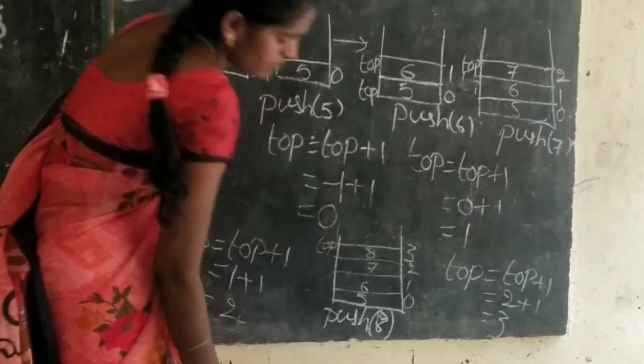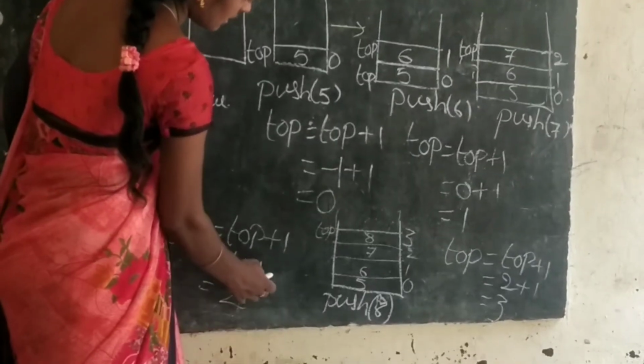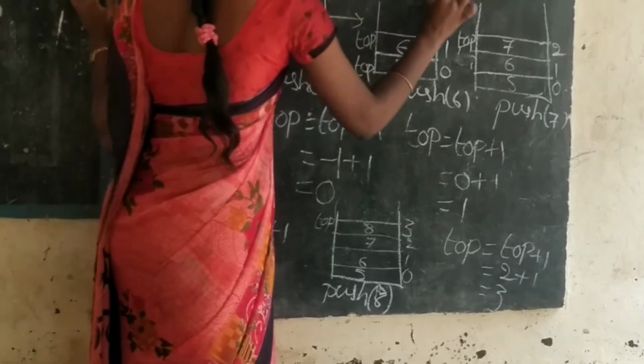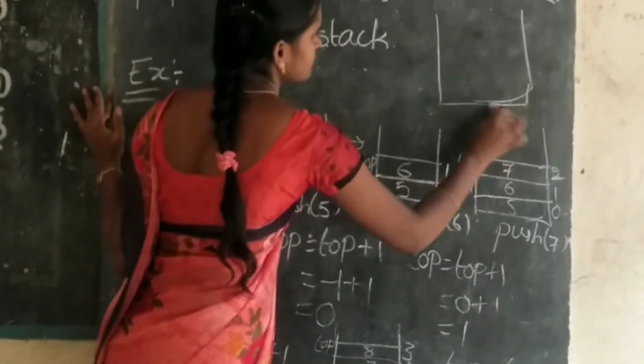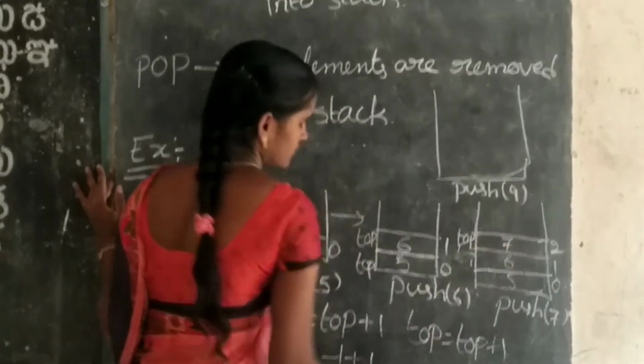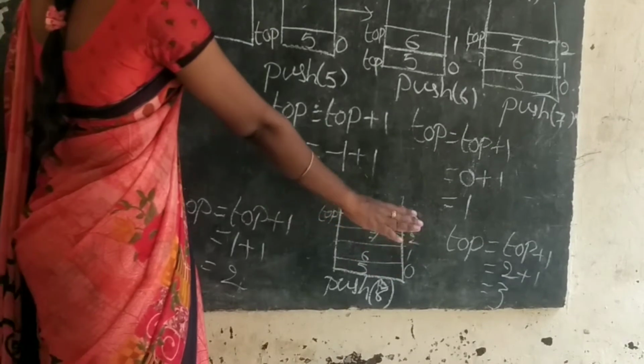It is the same up to the point where we consider 9. Now push 9. Take the stack again. Top is already 3, so top plus 1 means 4.